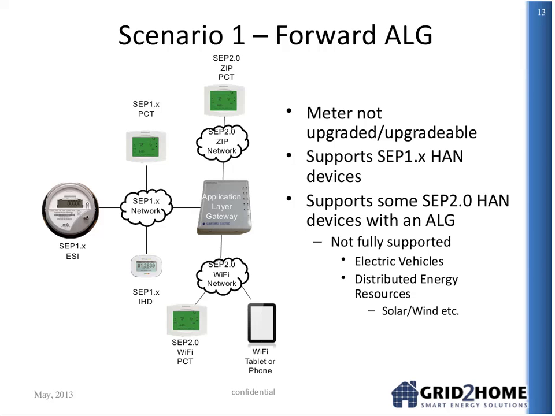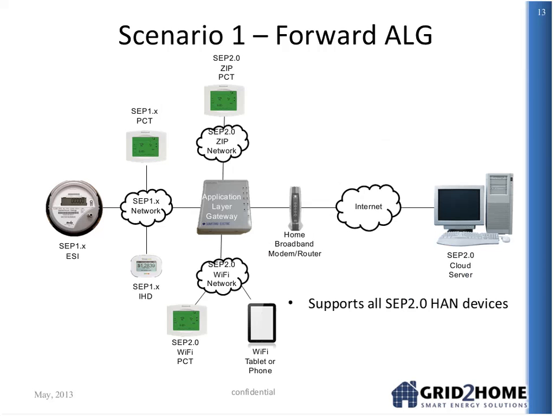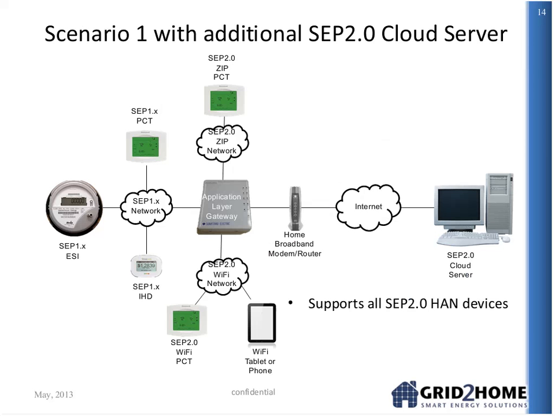So for instance, electric vehicles would not be easily supported in this scenario. However, if we added into the application gateway a connection via the internet to a SEP2 server, the additional function sets could come down through the internet.